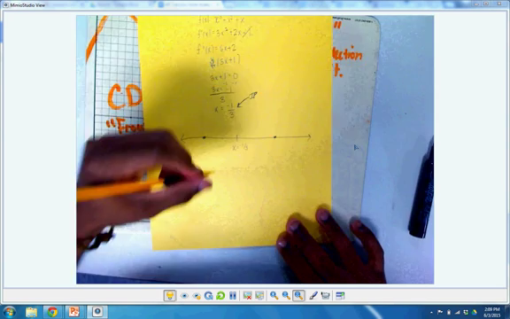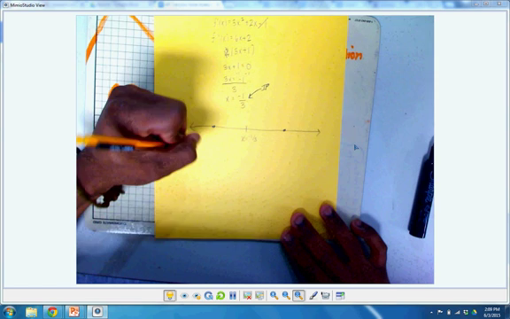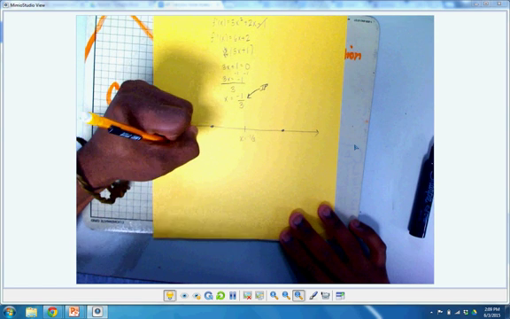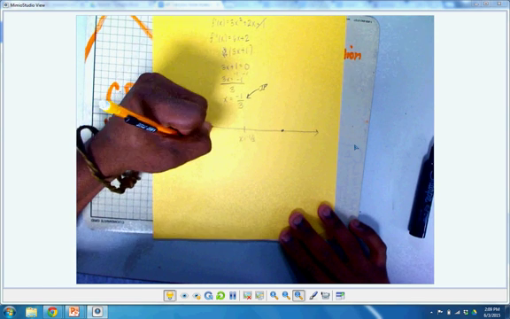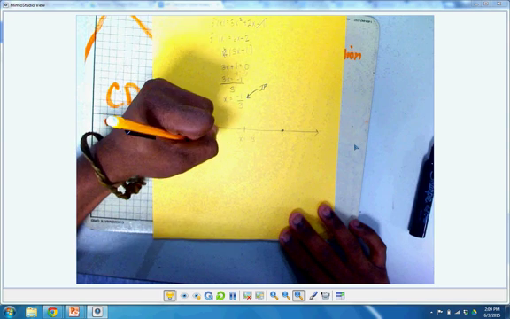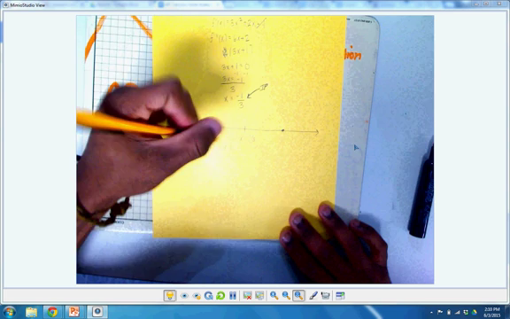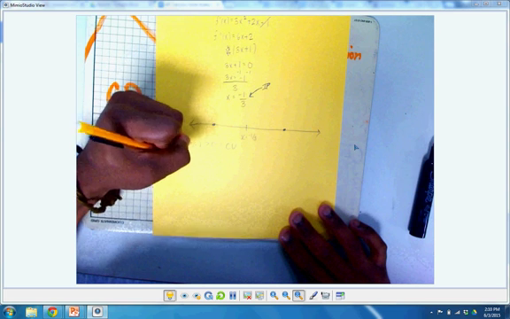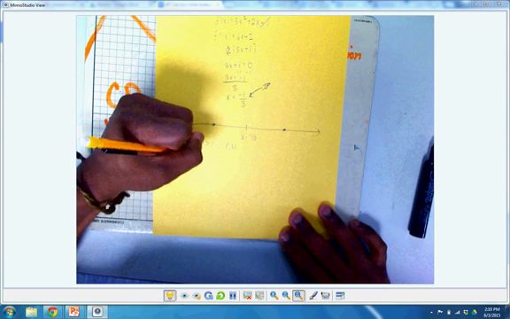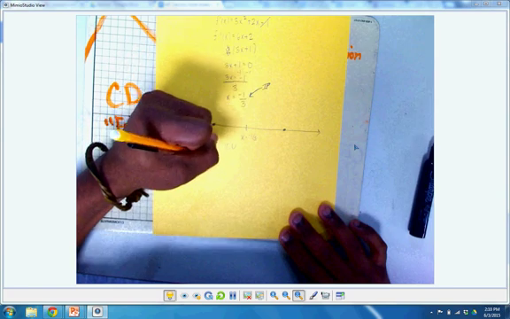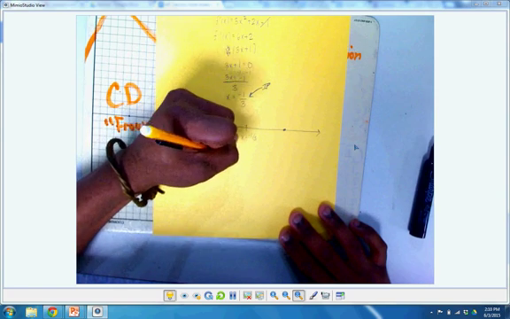If f double prime of c, as we'll call it, is greater than 0, then it's concave up, our little cup opening upwards like a U. And if f double prime of c is less than 0, it's concave down.